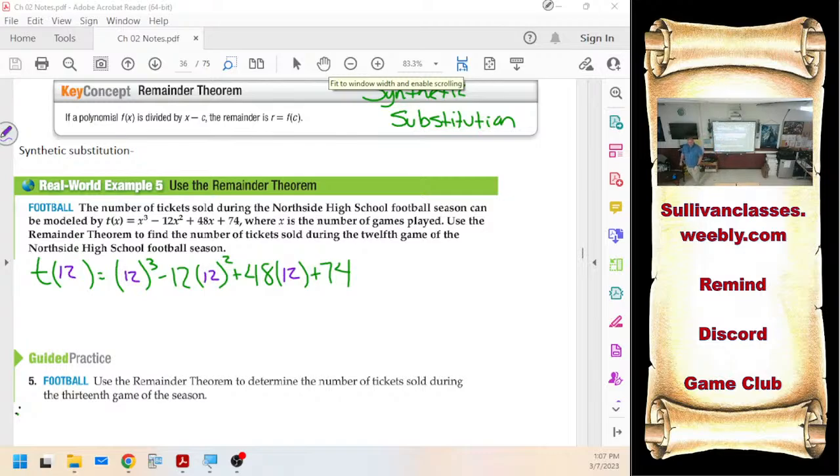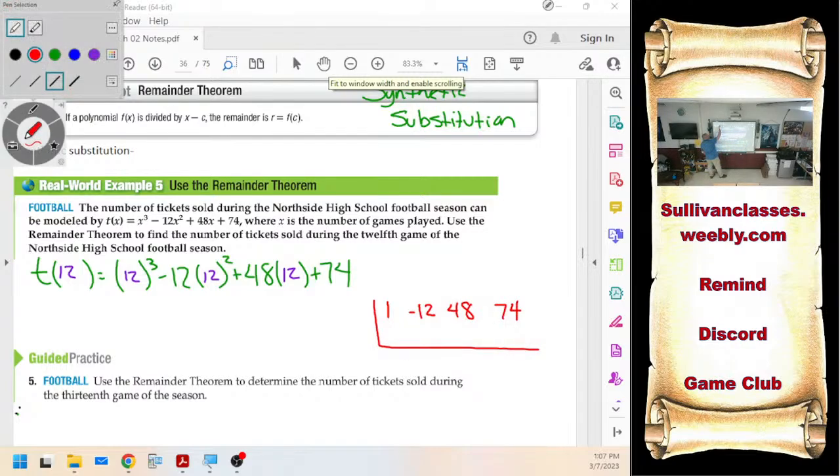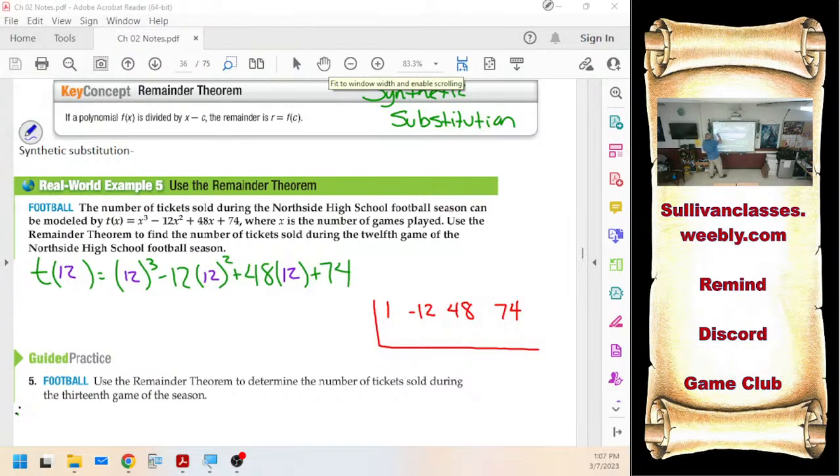Do you really want to do 12 cubed? Do you really want to do 48 by 12? Do you want to type all that stuff in a calculator? Or could we instead say 1, negative 12, 48, 74, and go synthetic division on it with that particular 12.